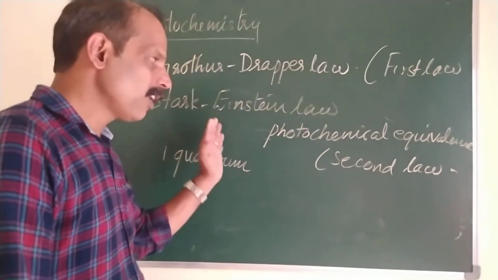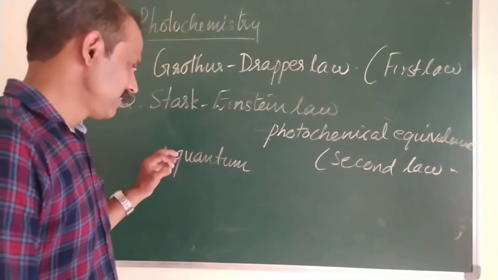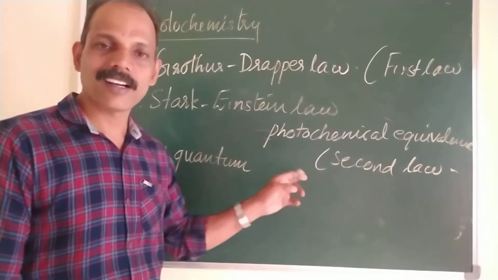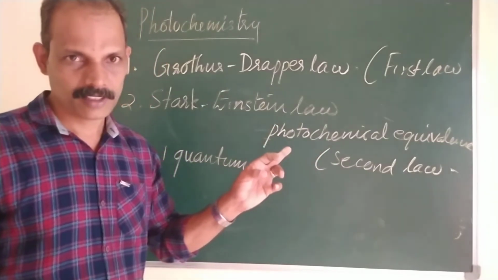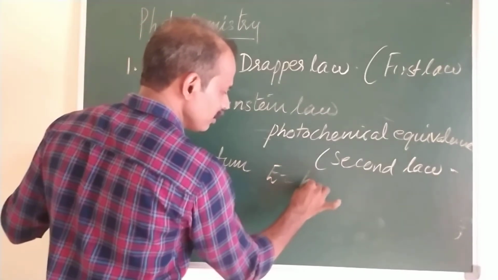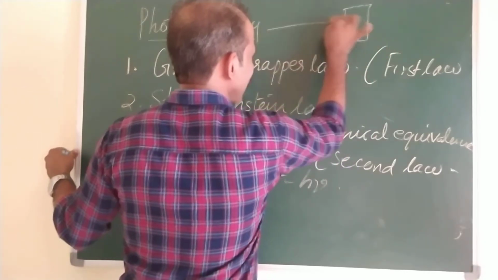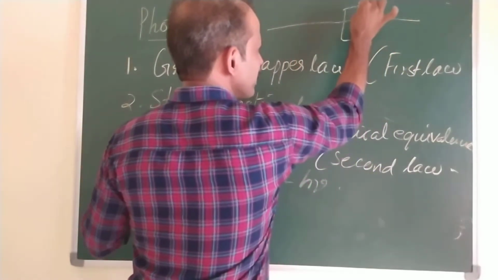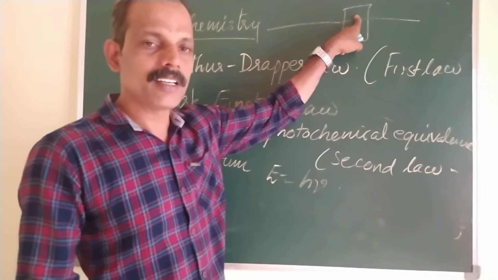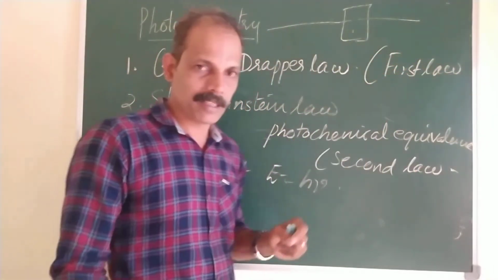That means all molecules which undergo chemical changes absorb one quantum each. We know the energy of one quantum is equal to h nu. When a radiation passes through a sample, each molecule present in this sample absorbs one quantum and undergoes chemical change.